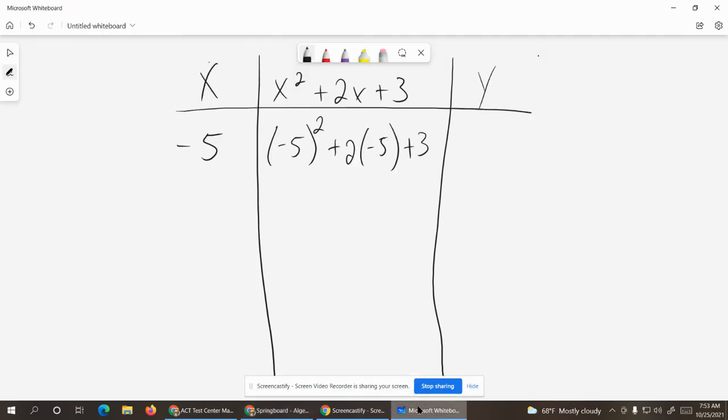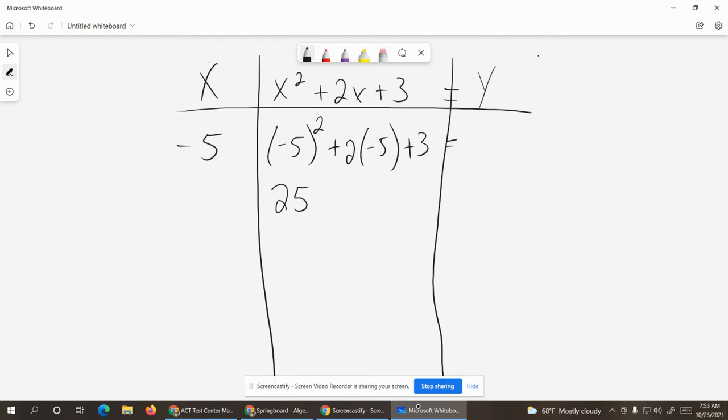All right, so you have a function here. Make your function table. X squared plus 2x plus 3 equals y. You have your function table. What is negative 5 times negative 5? 25. Positive 25. If you don't know what that is, that's something you need to commit to memory.